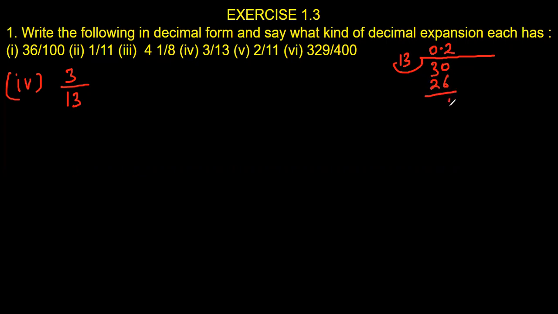Next, 4 is the remainder when you subtract. Then you can bring down another 0, so 40 and 13 threes, 39. Subtract, we get 1. Bring down 0. After decimal, you can bring as many zeros as you want, right?